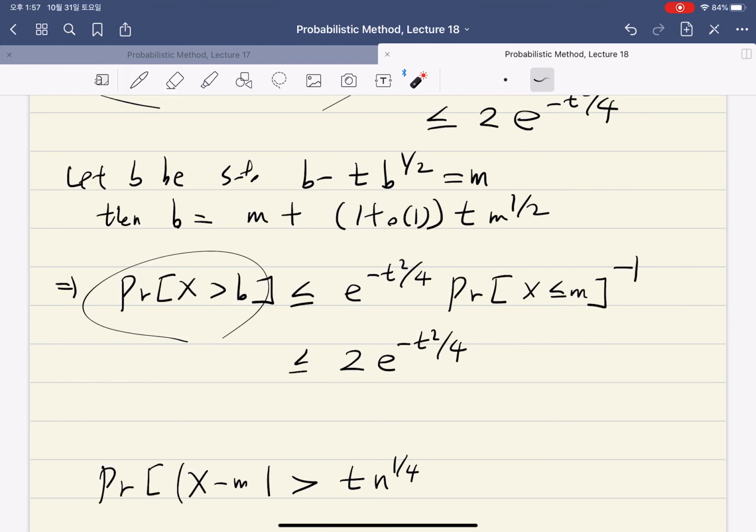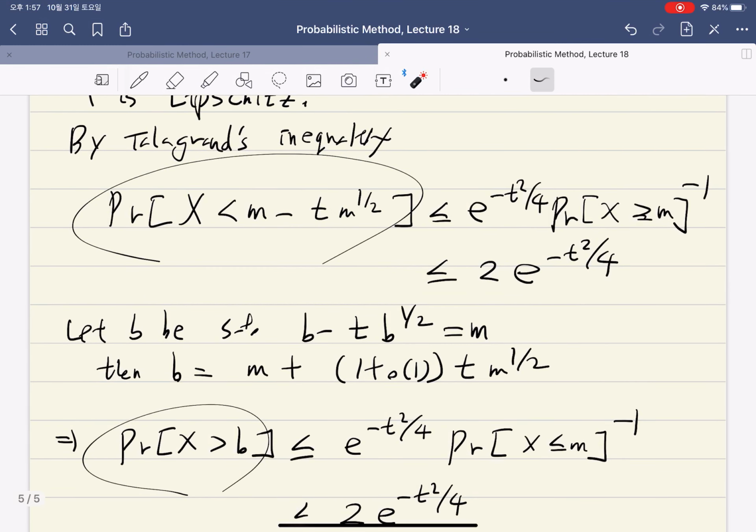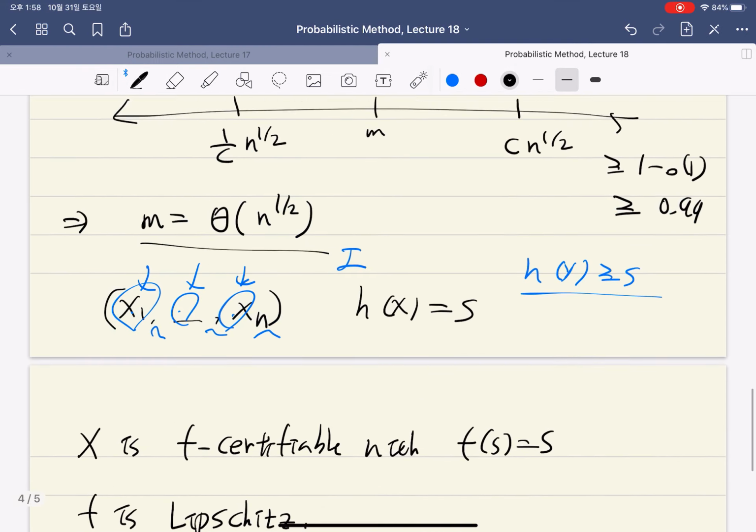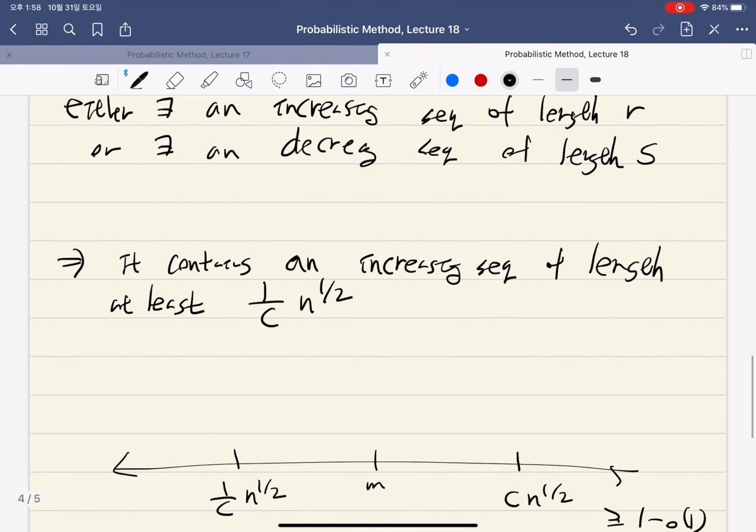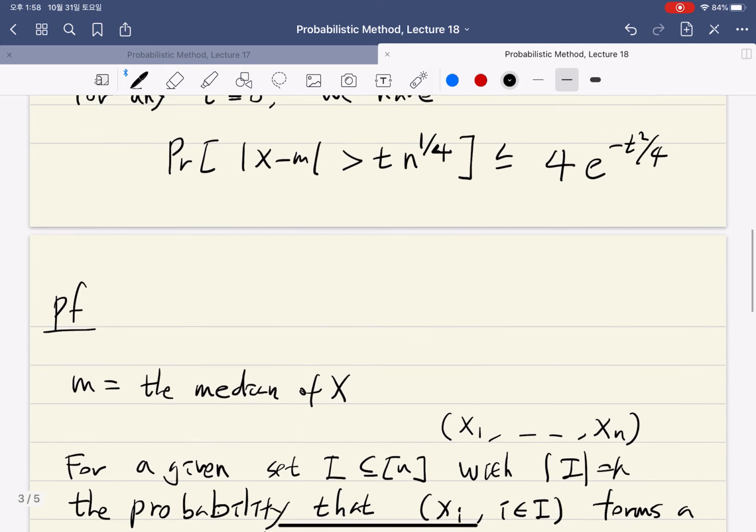give me a moment. This M is theta of n to the half, so this is roughly n to the 1/4. Then we have to change a bit.